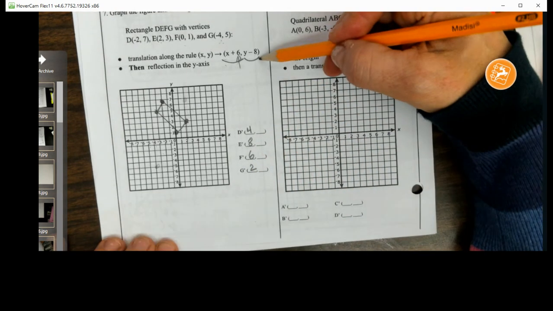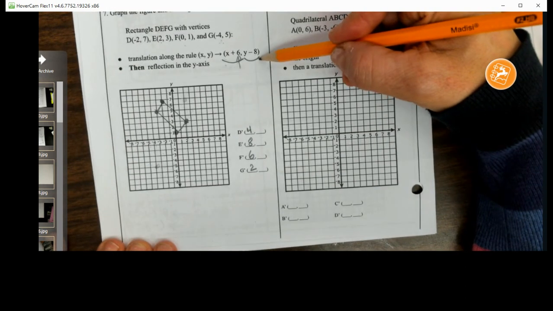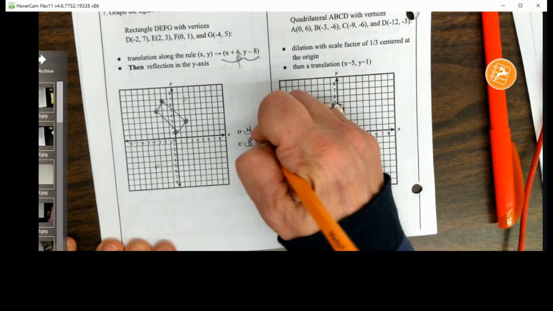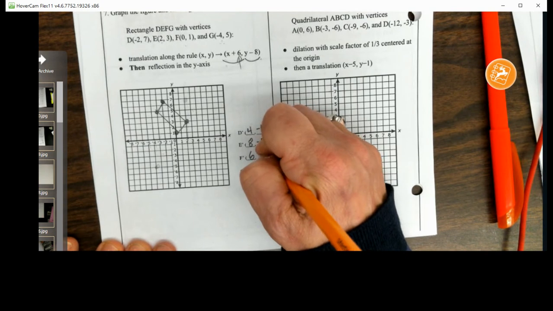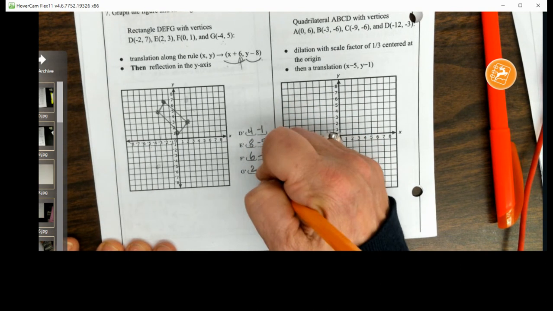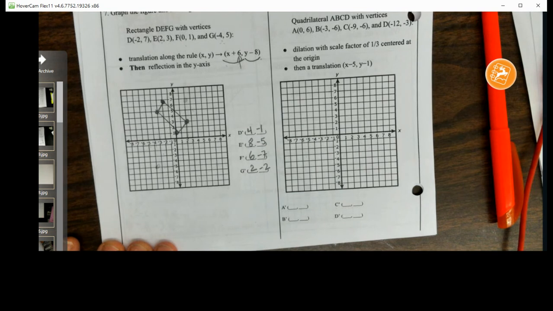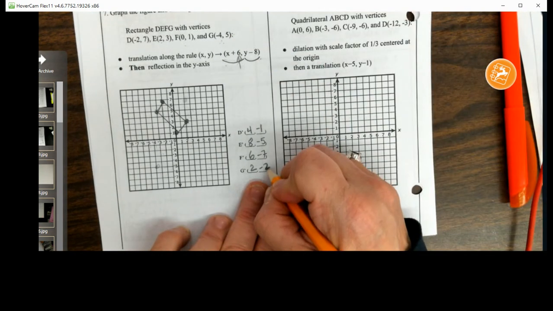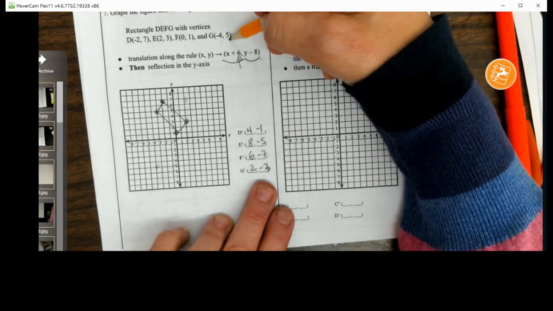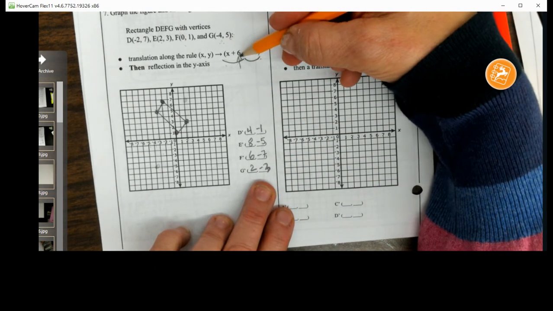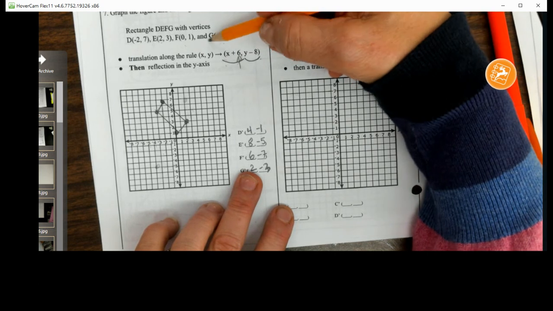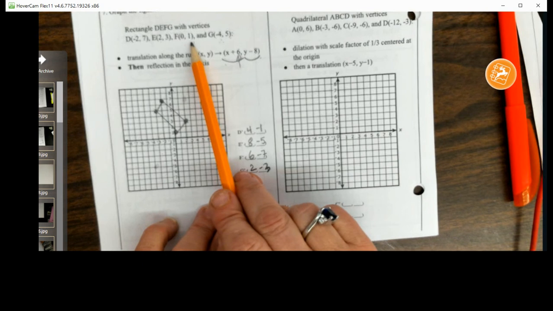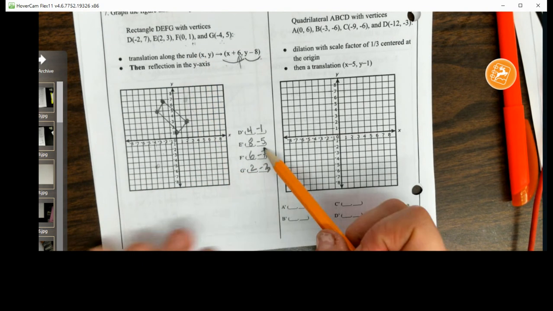Now to all my y's, I'm going to subtract 8. So I get negative 1, negative 5, negative 7, and negative 2. Let's see, G, I have 5, it's actually negative 3. 5 take away 8 is negative 3. 1 subtract 8 is negative 7, so that's correct.